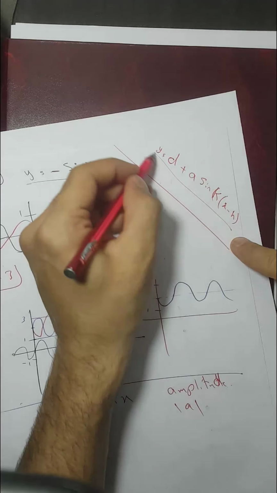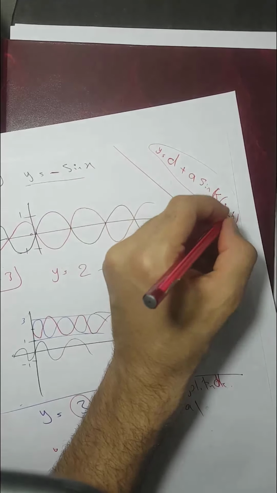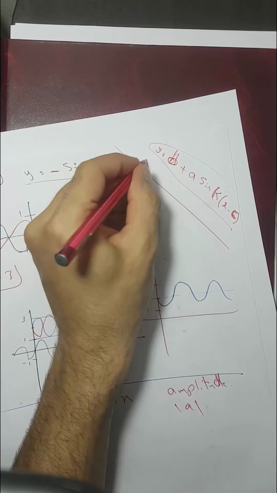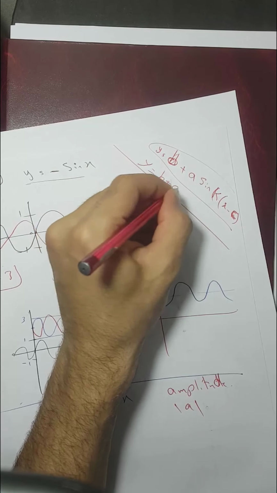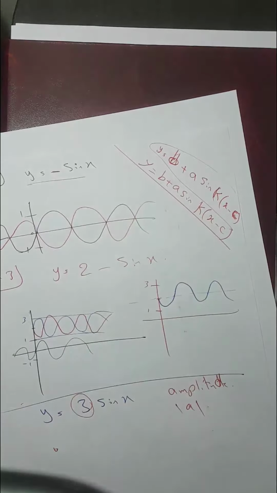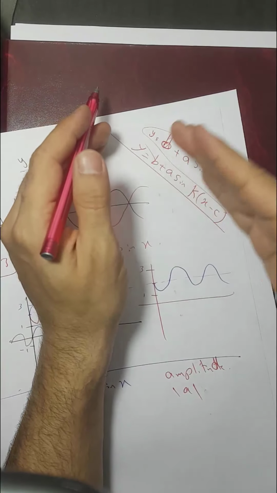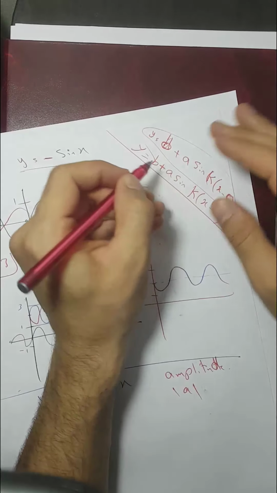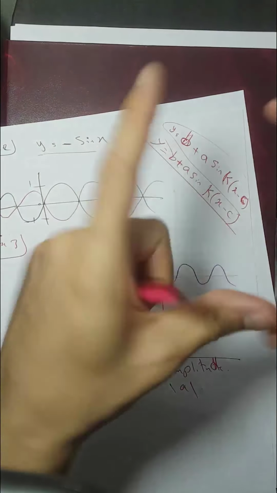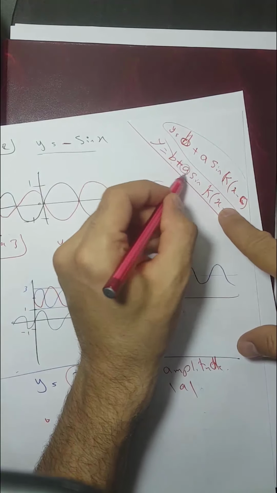That's why we can call this one A, this one C, that one B. So B plus A sine K times x minus C. What do you mean by this one? This one is the shifting up and down, and this is the changing of the direction or the phase of the function to reverse with the x-axis, and this one, A, is the amplitude.